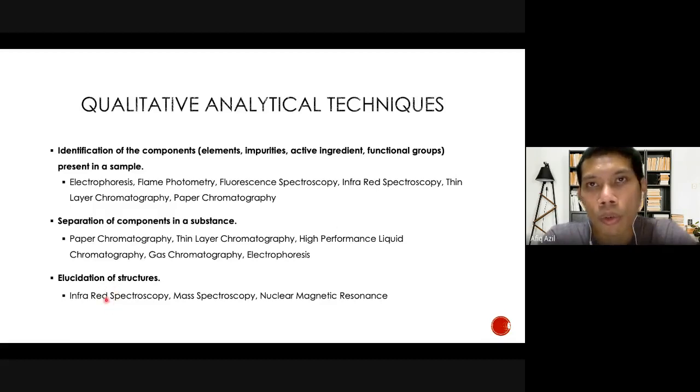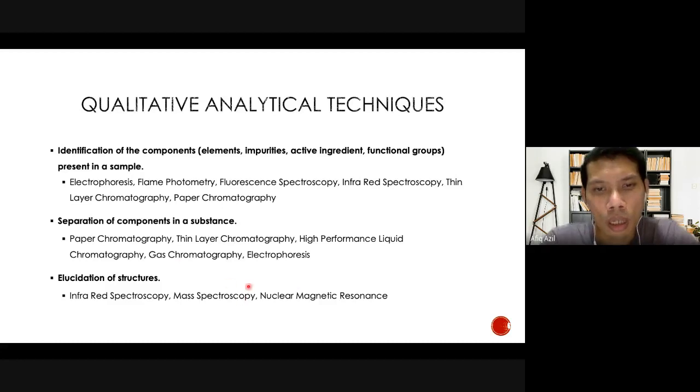You can straight away know whether the compound contains carbonyl group or carboxylic acid C double bond OOH, whether it is an alcohol, it contains imine bond, or whether it contains amino.